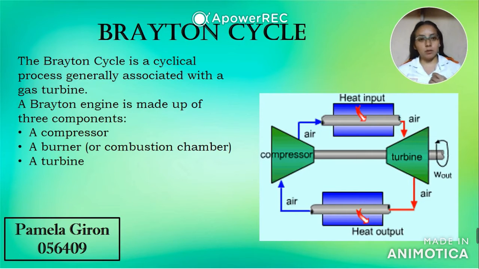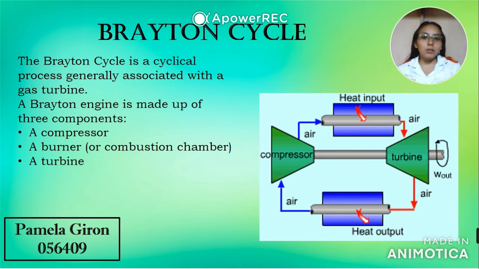I am going to talk about the Brayton cycle. The Brayton cycle is a cyclical process generally associated with a gas turbine, like other internal combustion power cycles. The Brayton cycle is an open system.